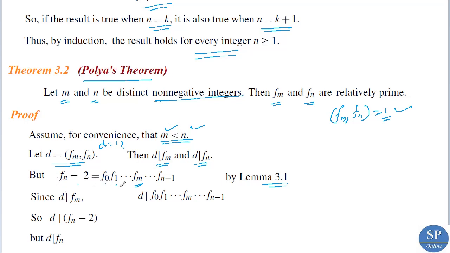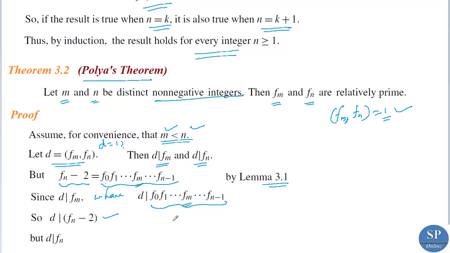Since d divides Fm, and Fm is a factor of this product, d also divides this number. If d divides the right hand side, then d divides the left hand side also. So d divides Fn minus 2.